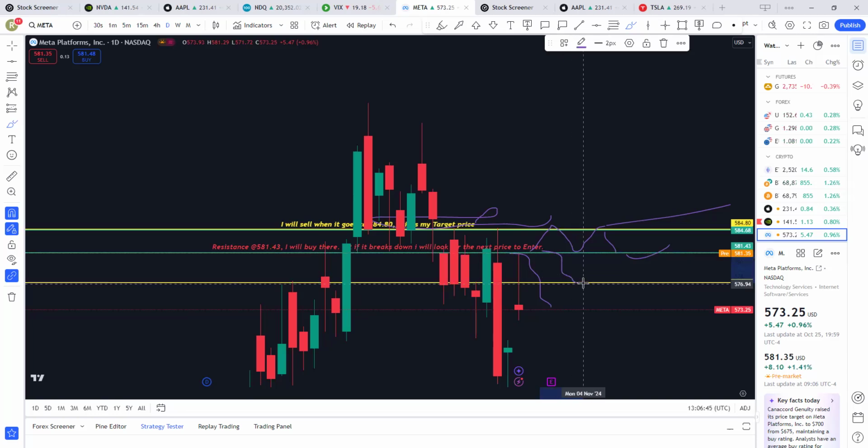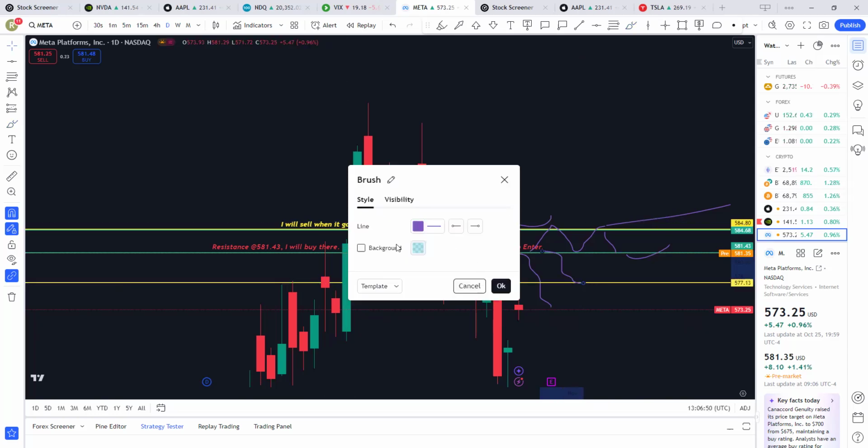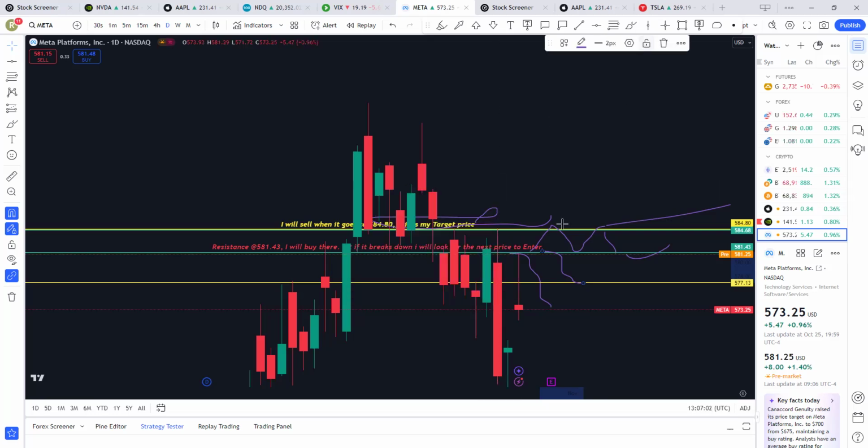Now you can put a note down here. You can say now if it breaks, if it goes there, you will add another thing. For instance, now we can say we'll add a note for that, so you can buy at this price. So you just always add it that way. All right. So that's it. That's the way you do it. You can put another support down there because you have different support.